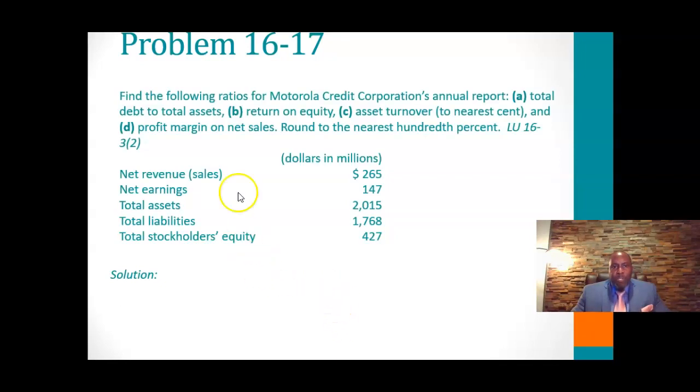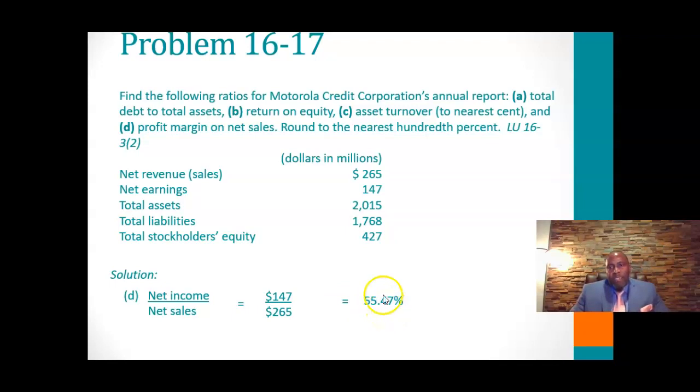Our last ratio is the profit margin on net sales, which is net income, your net earnings, divided by your net sales. Okay, net income divided by your net sales, which in this case is pretty good. It's 55.47%.